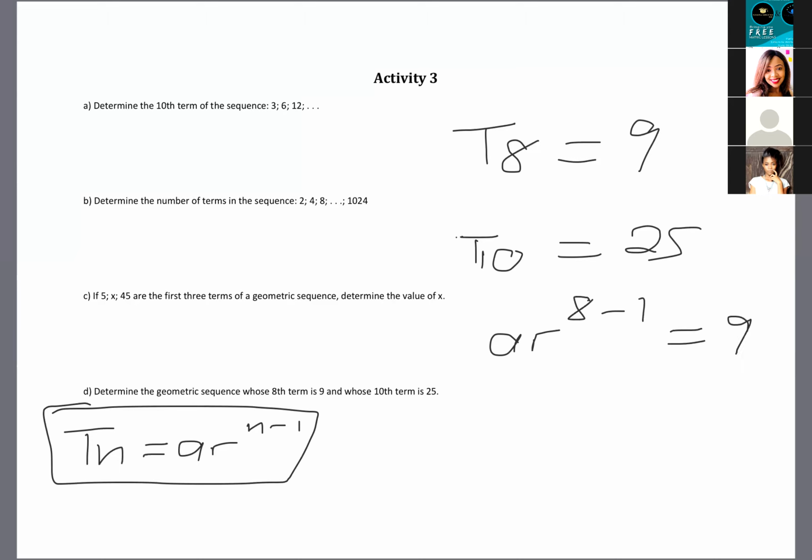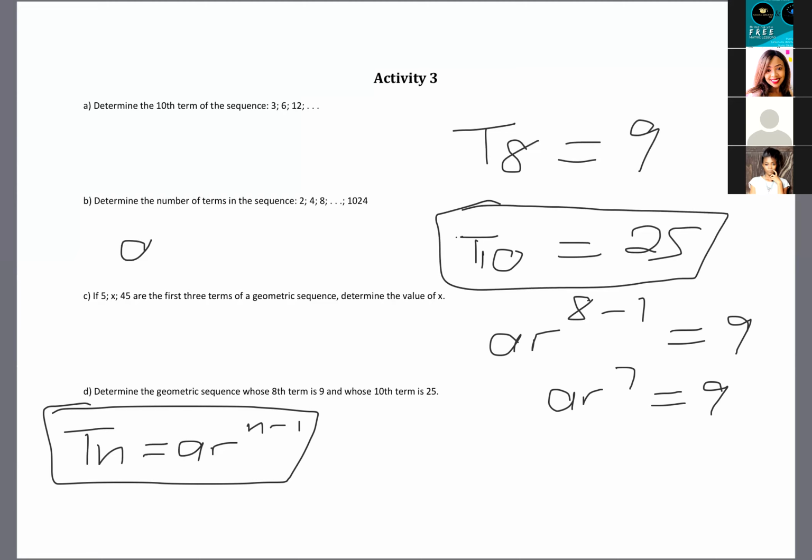Simplified, it's ar to the power of 7 is equal to 9. And I also know that ar to the power of 10 minus 1 is equal to 25. So that means that ar to the power of 9 is equal to 25.